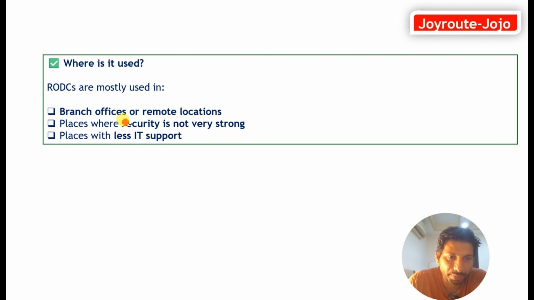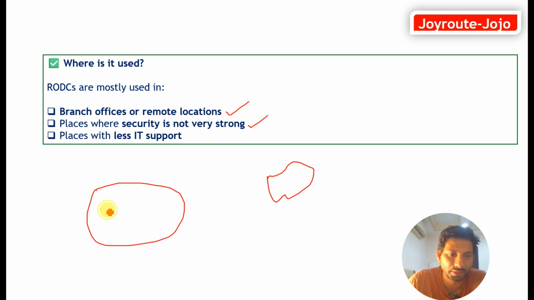First one: branch offices or remote locations, and places where security is not very strong. Consider we have a branch in a remote location. This is our head office, where we have our main domain controller, and this is our branch. Here security is not very strong and it is in a remote location.